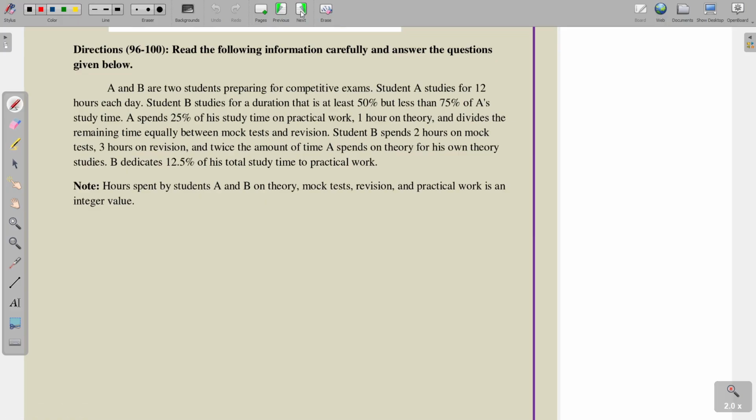Next question. In this case, A and B are two students preparing for a competitive exam. Student A studied for 12 hours. Student B studied for a duration that is at least 50% but less than 75% of A's study. 50% means greater than 6 hours, and less than 75% means less than 9 hours.